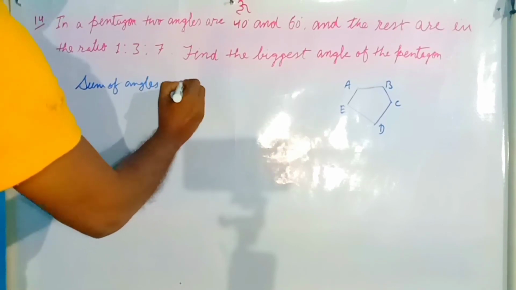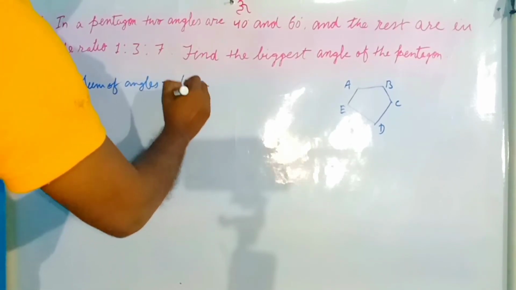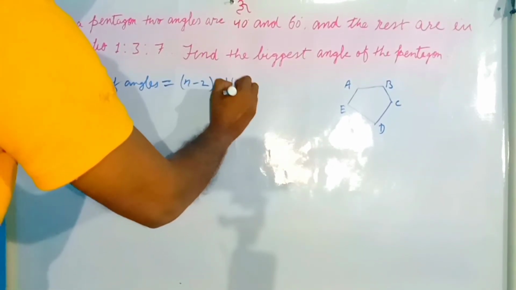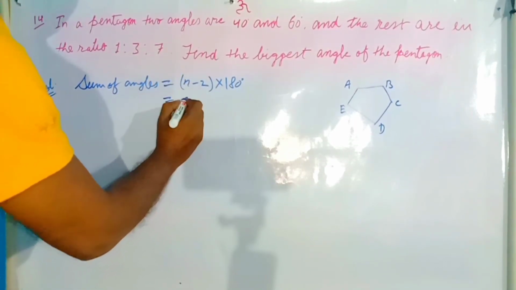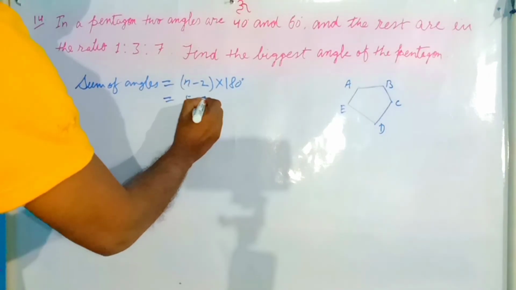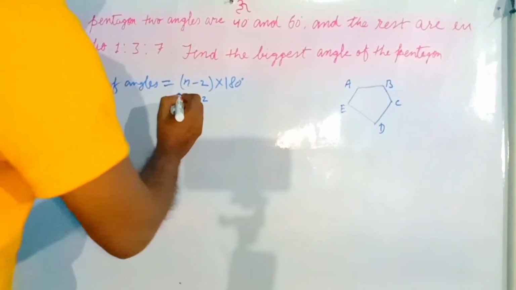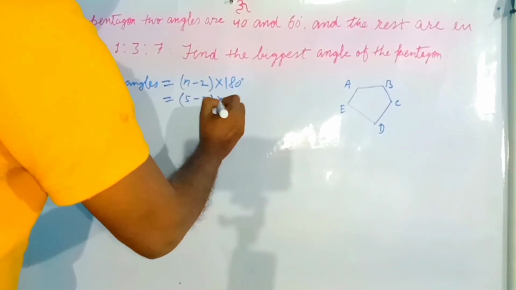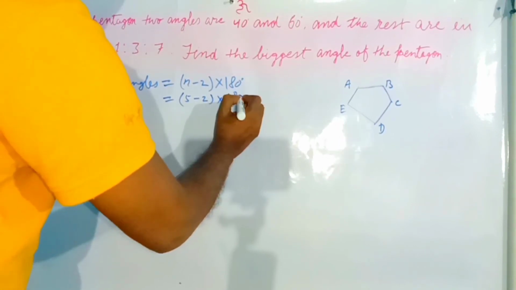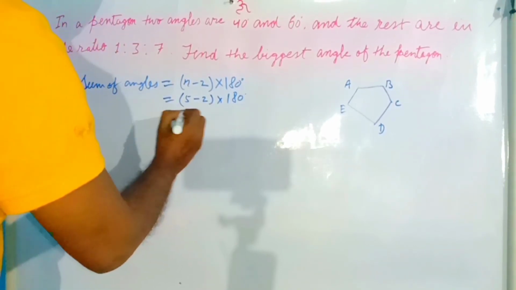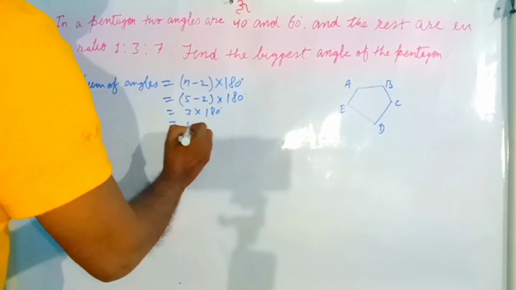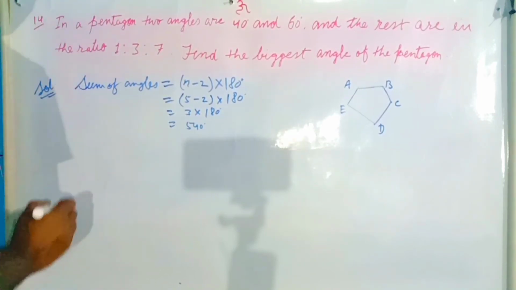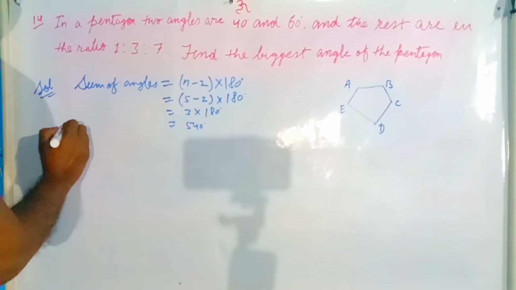Sum of angles equals, as we know, n minus 2 into 180 degrees. Now in the place of n, we will write 5, as it is a pentagon, a five-sided figure. So 5 minus 2 into 180 degrees. Now 3 into 180 degrees, that means 540 degrees.